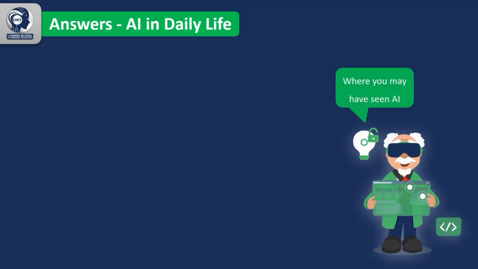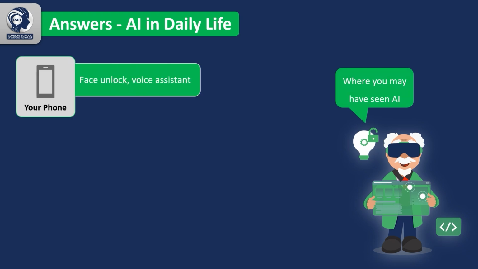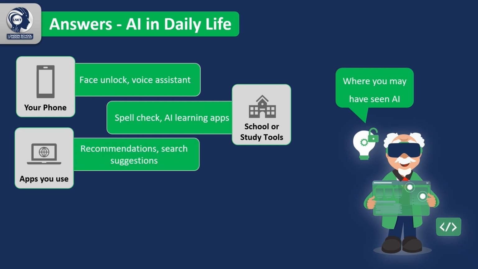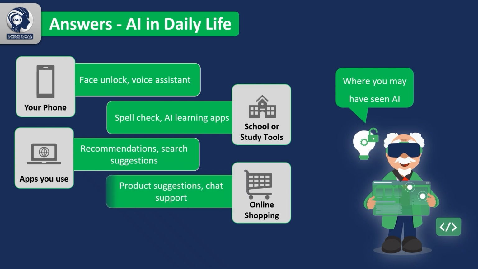Here are some common examples where you may have already used AI in your daily life. On your phone, features like face unlock and voice assistants use AI. In school, AI spell check and AI learning apps. In apps, recommendations on platforms like YouTube or search suggestions are powered by AI. In online shopping, product suggestions and chat support are often driven by AI.